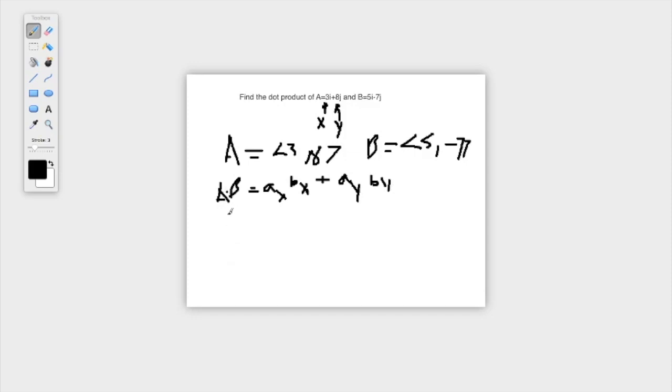When you plug everything in, A dot B is 3 times 5 plus 8 times negative 7, and you get an answer of negative 41.